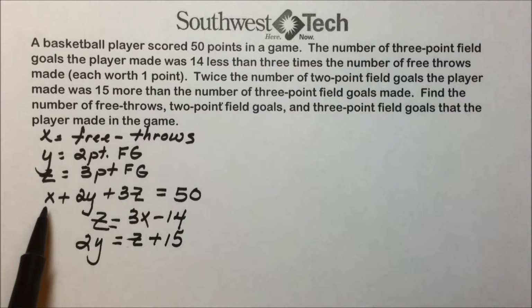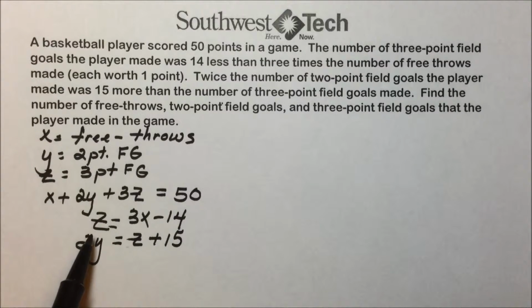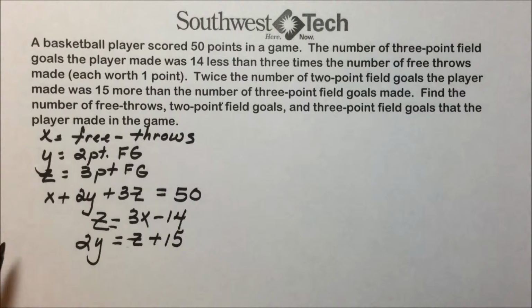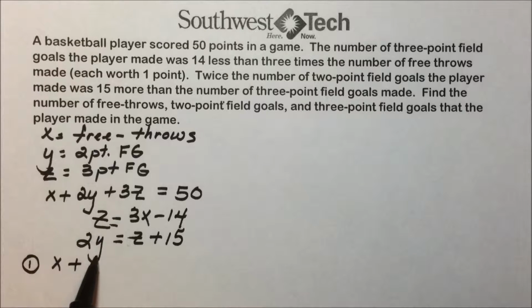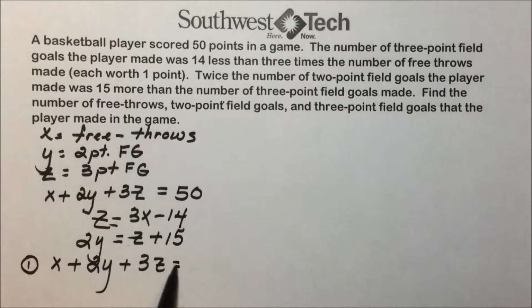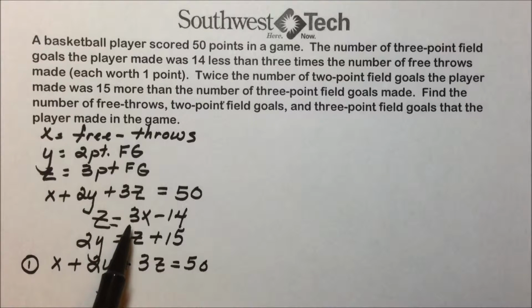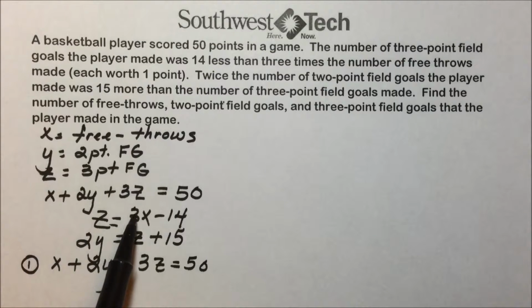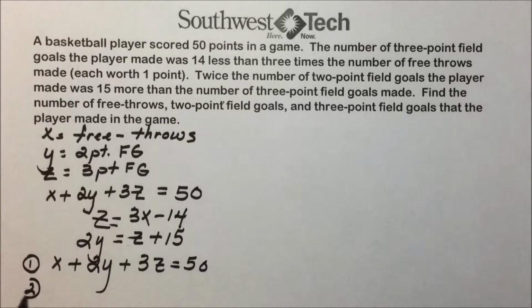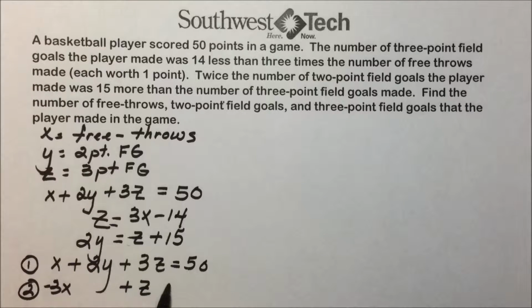Well, let's get these equations lined up with our variables. We'll leave the first equation alone. It looks in good order with X first, followed by Y, and then Z. The second equation, let's bring the X to the other side. When we bring it to the left by subtracting 3X, we end up with a negative 3X, and the Z is equal to a negative 14.